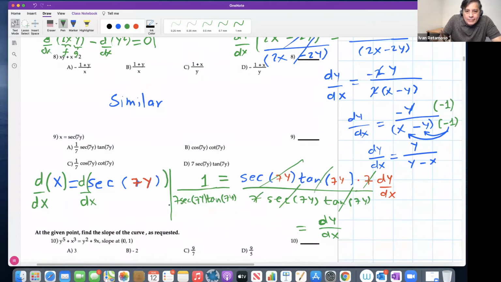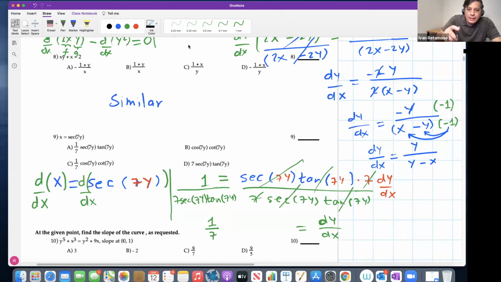Now, guys, can anyone tell me what is 1 over secant in trigonometry? I think it's cosine, right? Cosine, and 1 over tangent is cotangent. These are called reciprocal identities. 1 over secant is cosine, very good, and 1 over tangent is cotangent.